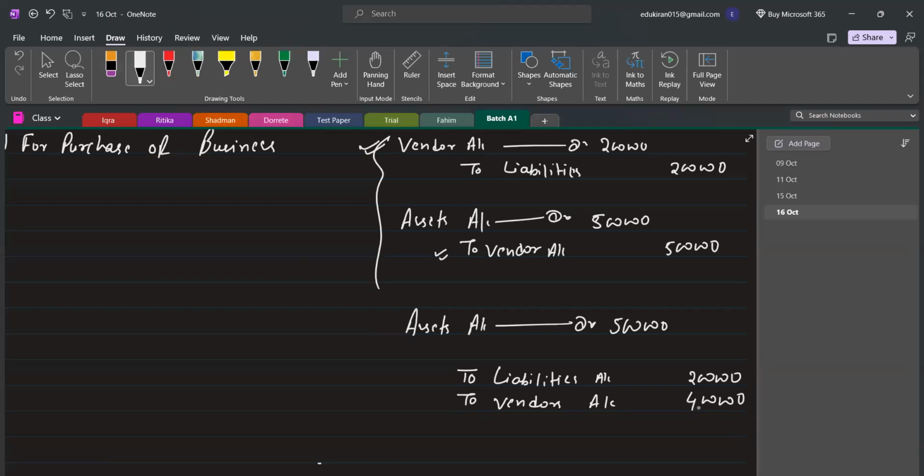Now tell me why someone will pay extra money to some other person. Interest. Interest is generally attached to a loan. Is there any loan here? No, sir. So there will be no interest.